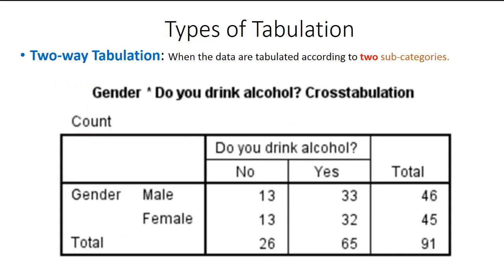So that's what we were after. First, we have a larger category with 2 subcategories. And the second one, to drink alcohol, yes or no. So this was 2 by 2.